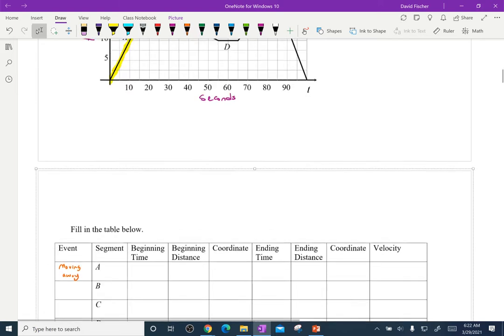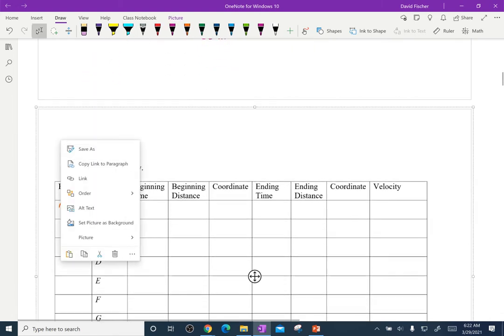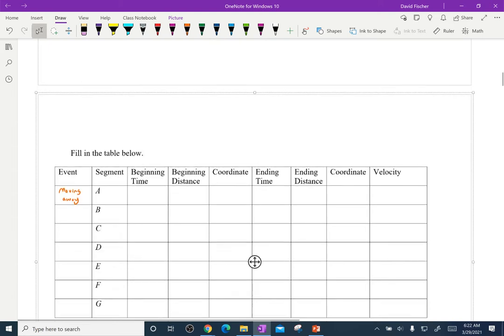Okay, so now let's go back up here. Let's look at segment B, which goes from here to here. So at the beginning of 15 seconds, it's at 15 feet. And then over here at 35 seconds, it's still at 15 feet. So what's the car doing? I hope you said that it stopped would be correct.